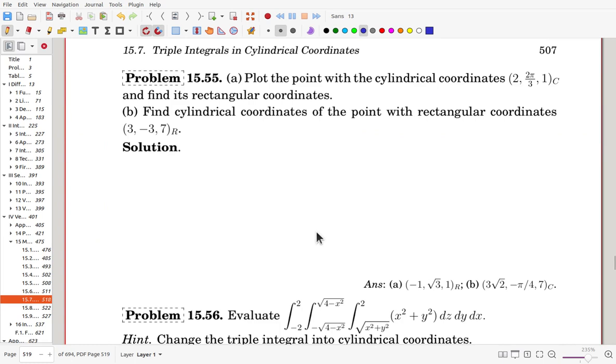Let's try to solve some problems. Plot the point with the given cylindrical coordinates and find its rectangular coordinates.